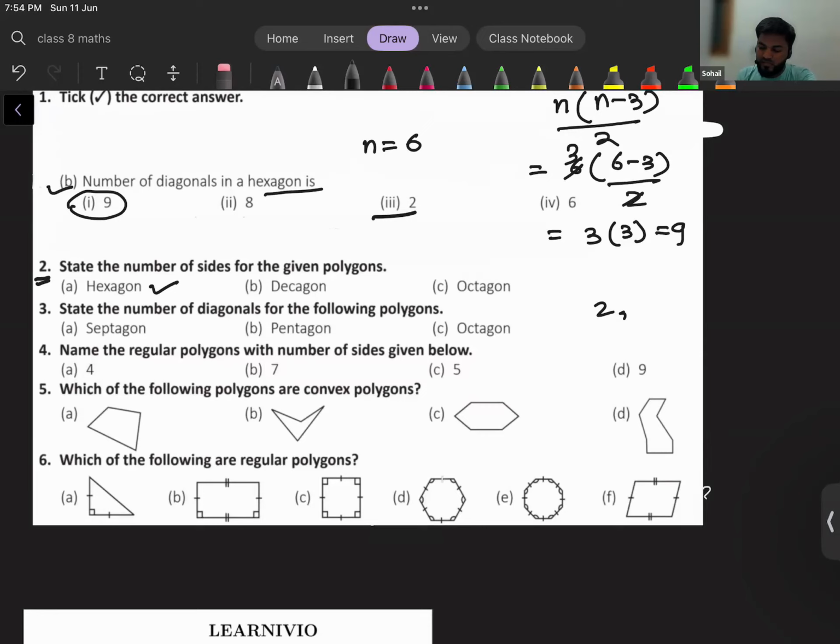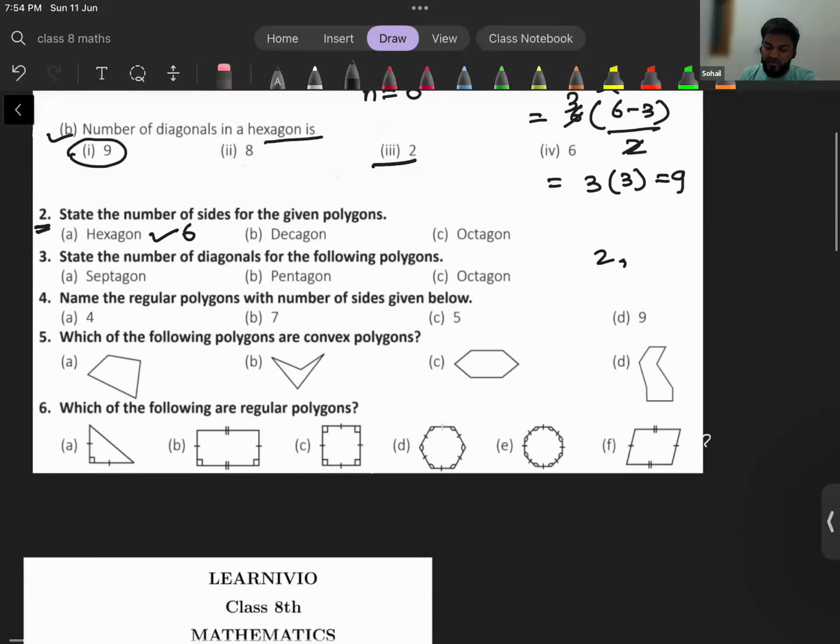Arhan: 6, 10, 8. Arhan's is correct as well. Ahmed's is 7, 10, 8. No, Ahmed, the number of sides in a hexagon is 6, not 7. Very good. That's 6, not 7.